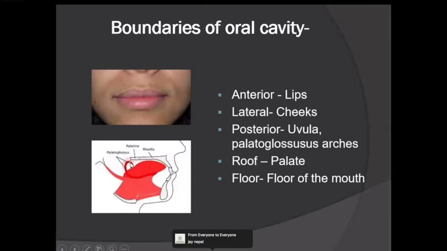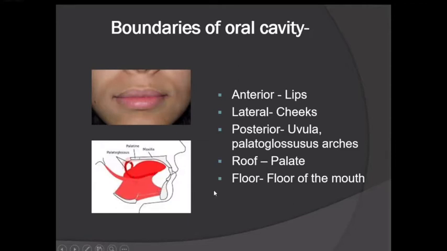This is what is called the oropharyngeal isthmus, which is formed by the palatoglossal arches. So this is the anterior border, this is the posterior. We'll talk about this in more detail in subsequent slides, but for the time being, you should understand that it is the lips anteriorly, the cheeks laterally, then posteriorly the palatoglossal arch, and then you have the roof here made by the palate, and the floor by the tongue.